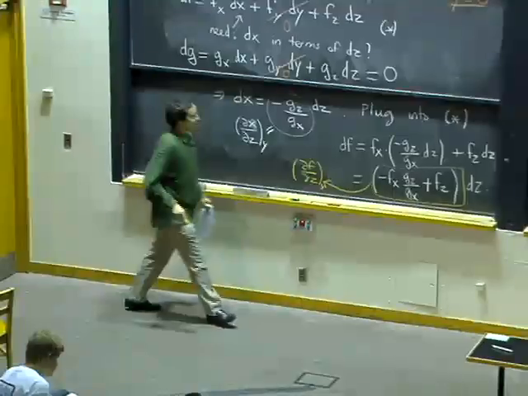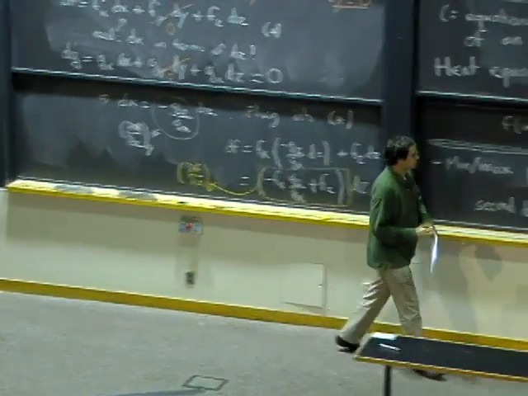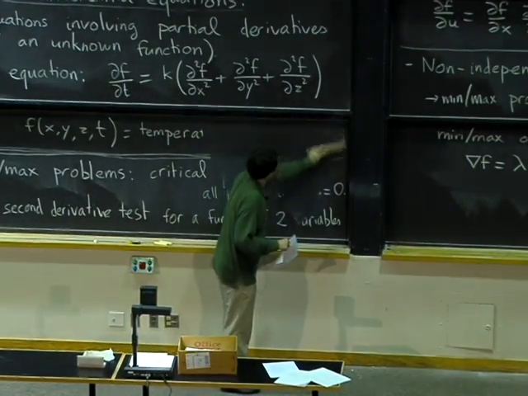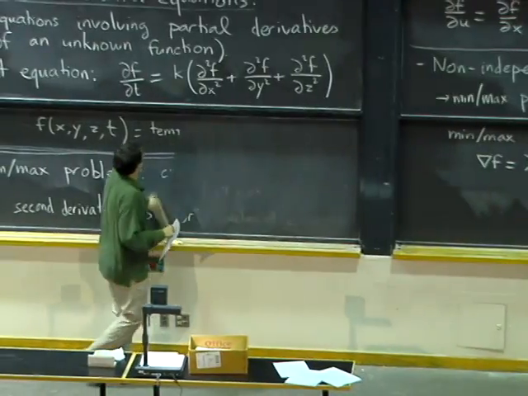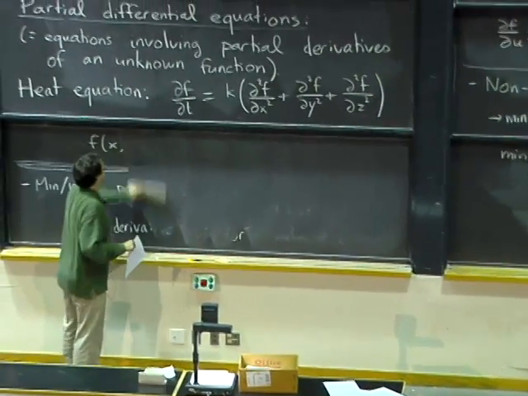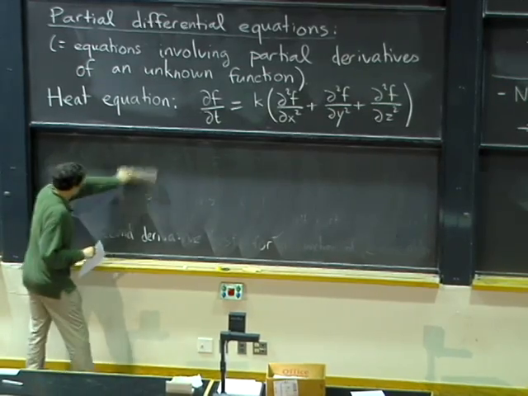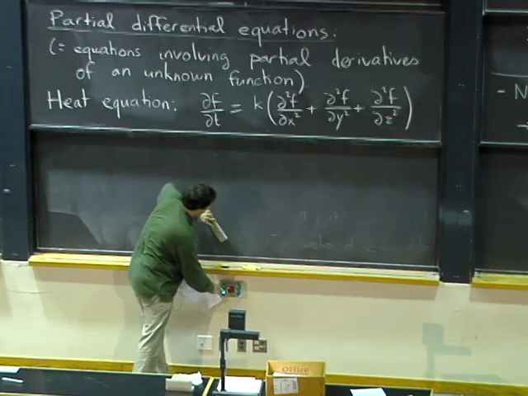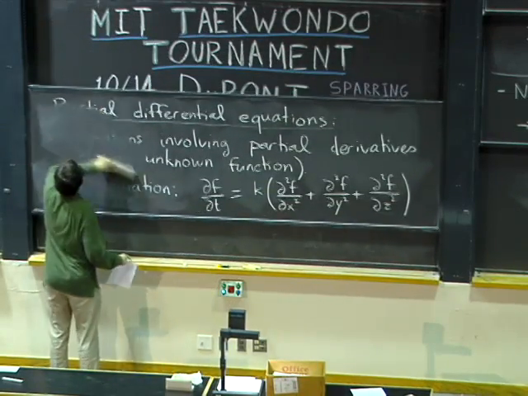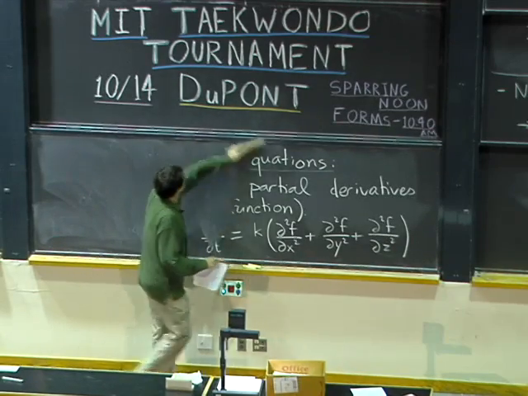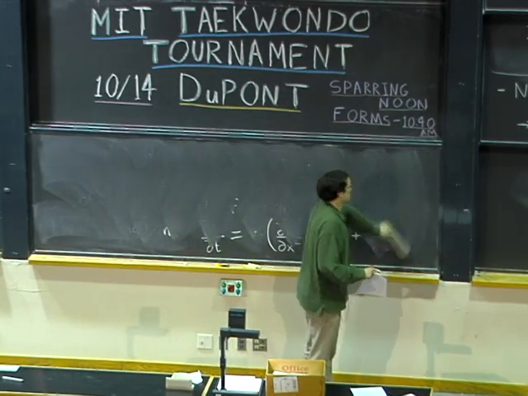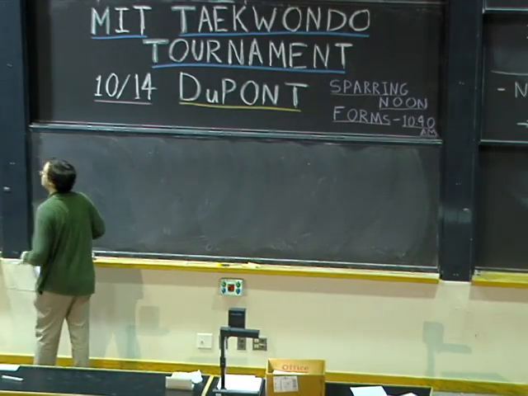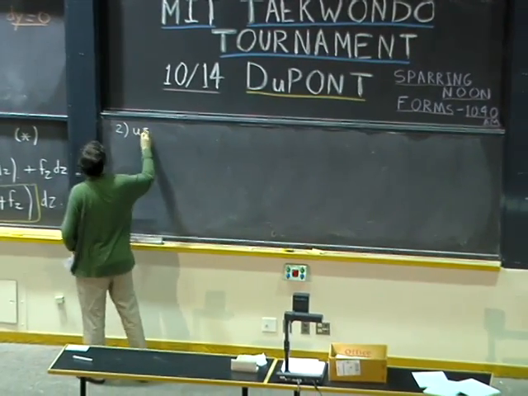So now let's see another way to do the same calculation. And then you can choose which one you prefer. So the other method is using the chain rule.